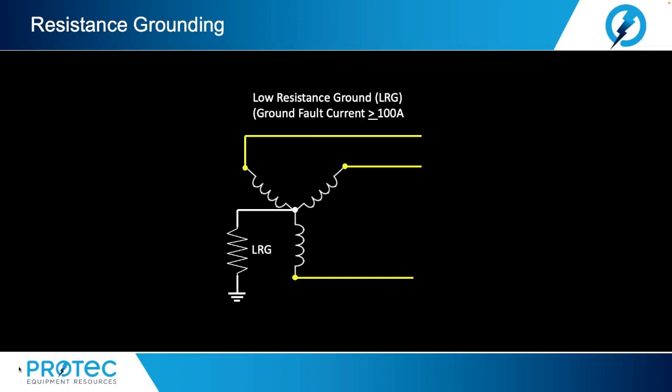A resistor is connected from the system neutral point to ground and generally sized to permit only 100 to about 1000 amps of ground fault current to flow. Enough current must flow so that protective devices can detect the faulted circuit and trip it offline, but not so much current as to create major damage at the fault point. Damage to motors and other rotating equipment is also limited.